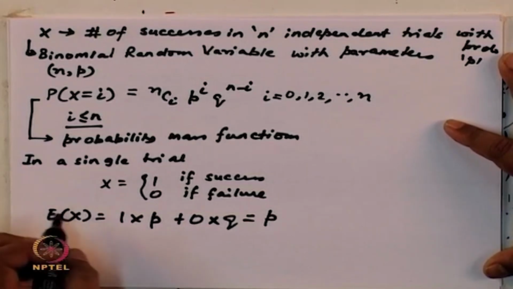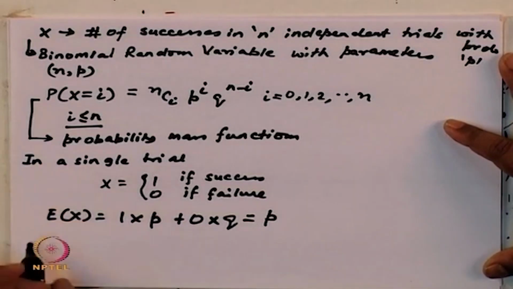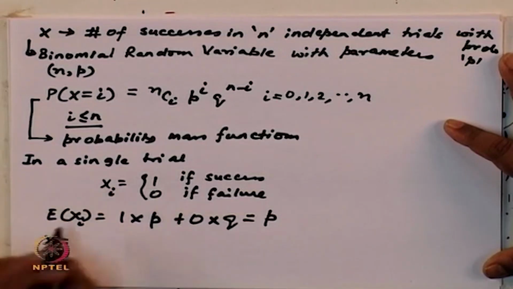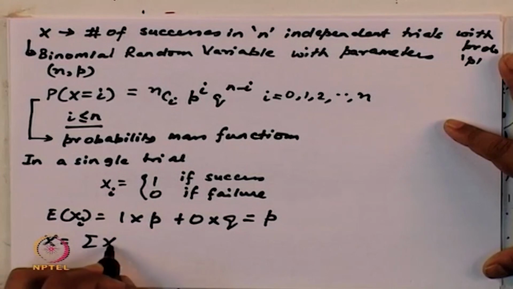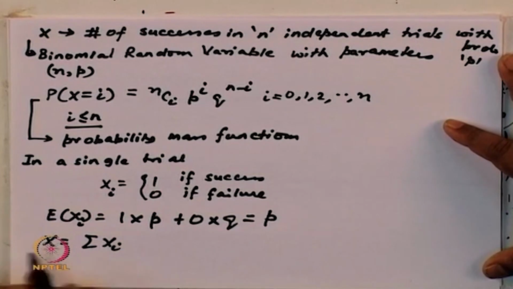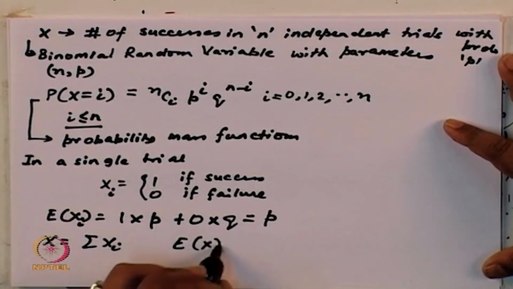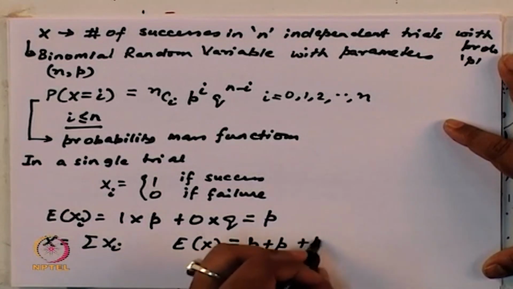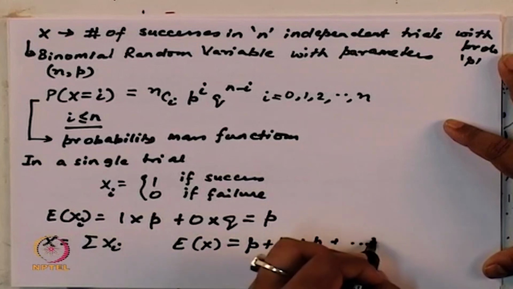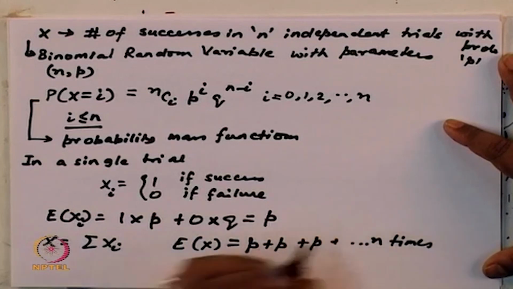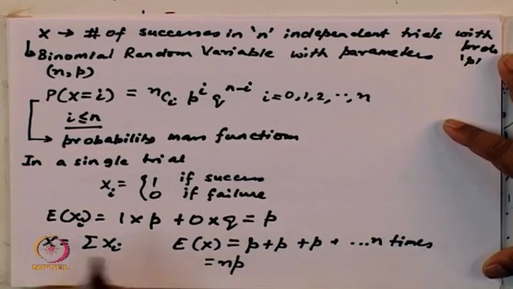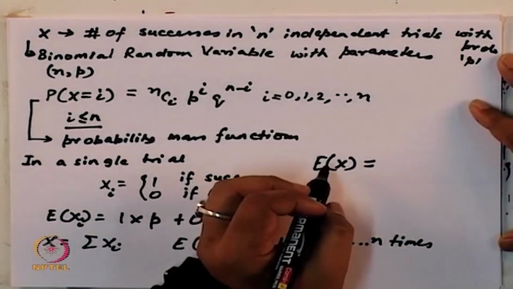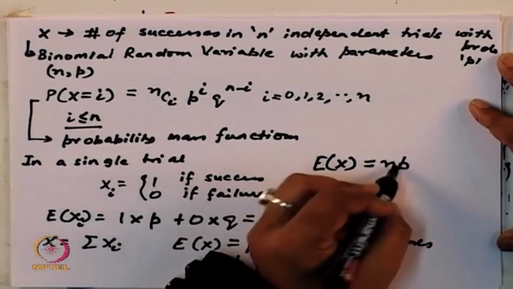This is for a single trial. So X is the summation of Xi. Then expectation of X gives p plus p plus p, n times, that means equal to np. So expectation of a binomial random variable with parameters n and p is np.